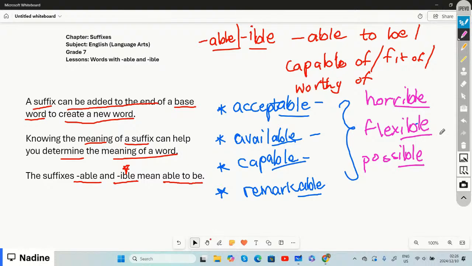All right. So if we look at the words horrible, flexible, possible, it is still the same as us using, for example, able to be.